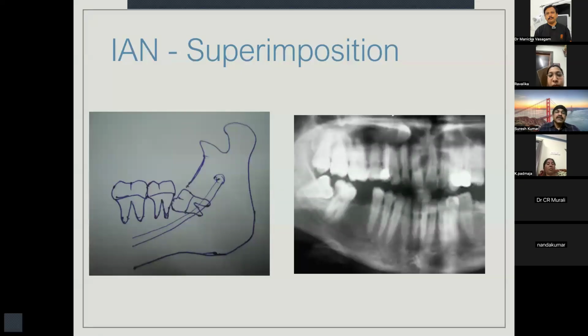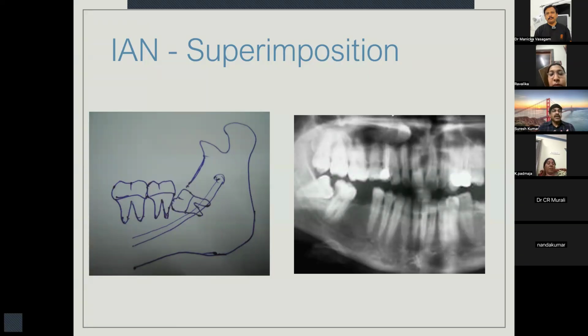For example, this is called IAN, inferior alveolar nerve superimposition. So if you take an X-ray like this, the inferior alveolar canal shadow will be overlapping the root of the third molar. So in this case, it may not be very close. The tooth may be placed lingually or buccally to the inferior alveolar canal because it's a two-dimensional X-ray.